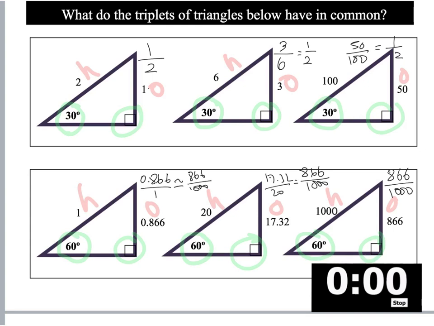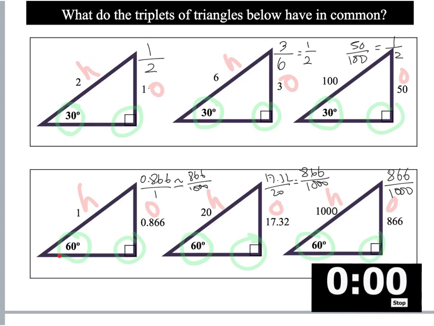Now what this means in practice is that if the angle of a right angled triangle stays the same, then the ratio of their sides will also stay the same. So if I have an angle of 30, then my sine operation, where we divide the opposite over hypotenuse, will always be half.